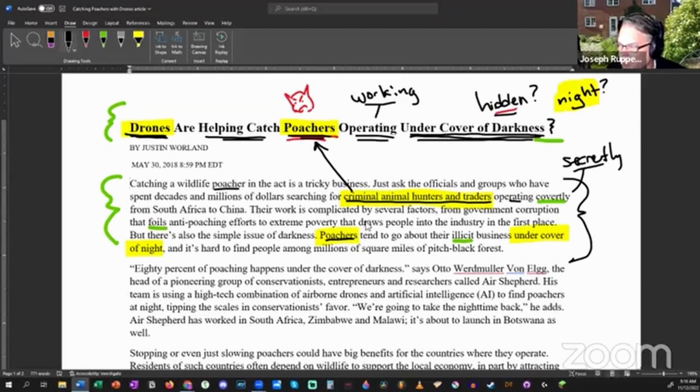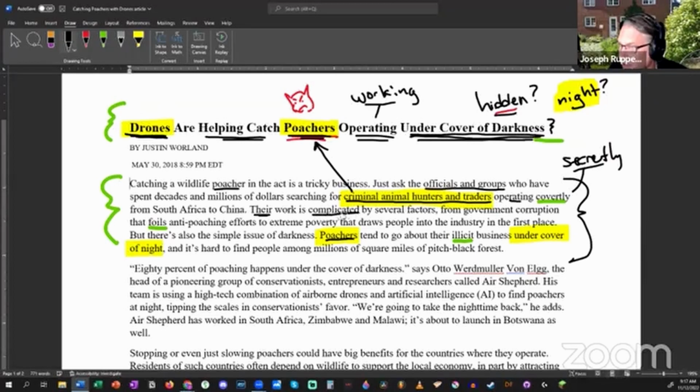Their work. Whose work? The poachers? No. The their here is referring to the people, the officials and groups who are trying to stop the poachers. So their work is complicated or difficult.